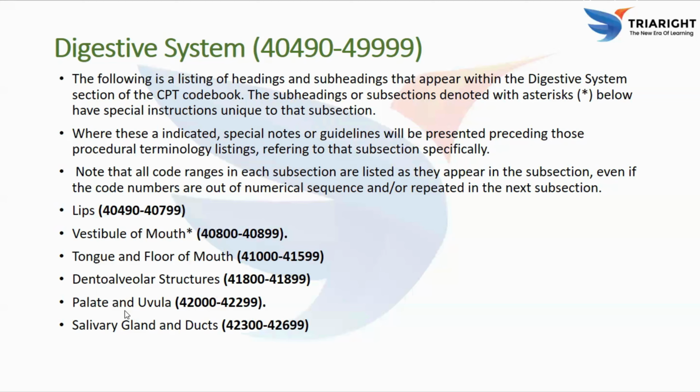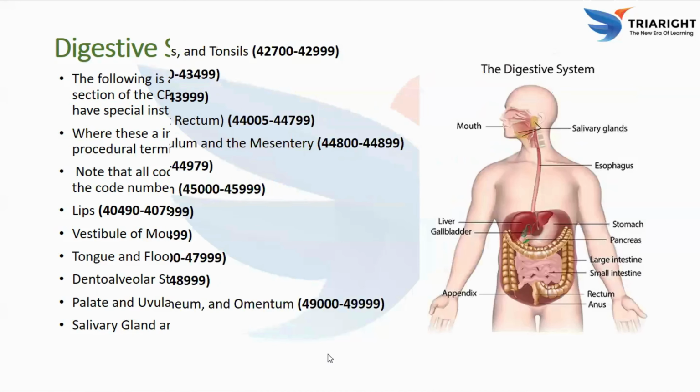Palate and uvula: the code ranges are 42,000 to 42,299. They include procedures like uvulectomy, cleft palate repair and also palatal revision excision. Salivary glands and ducts include the different types of salivary glands: parotid, submandibular and sublingual. The procedures are such as sialolith removal, duct repair and also gland excision.